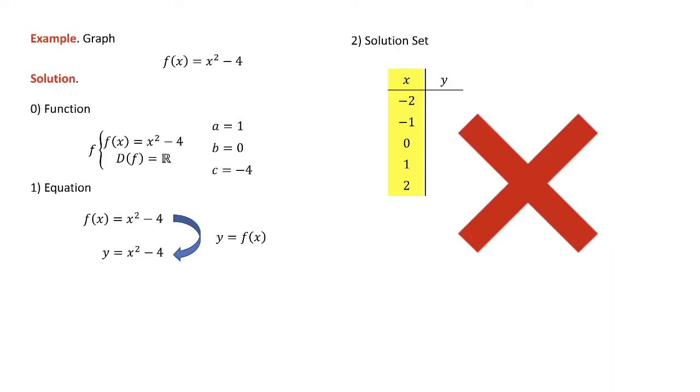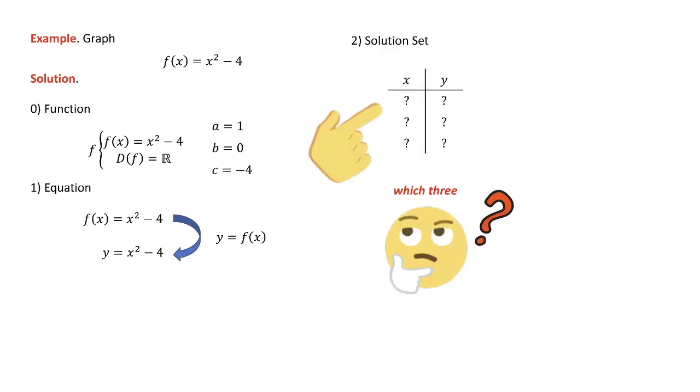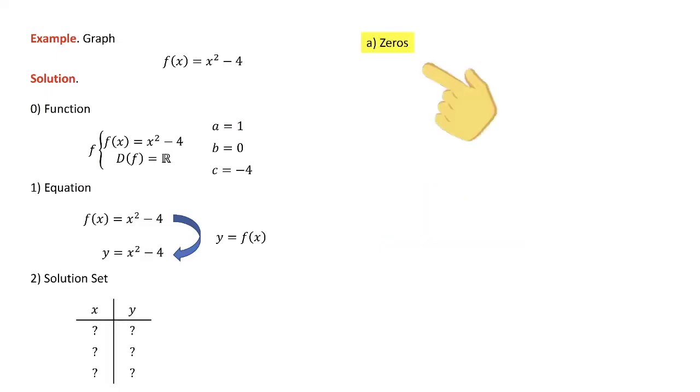We can specialize. We have a quadratic. So all I need is 3 points. 3 points is enough for a quadratic. For a line, it was 2. For a quadratic, it's 3. Now, the question, of course, is, which 3 do we want? And I've already alluded to those. Zeros. Zeros will give us 2 points.